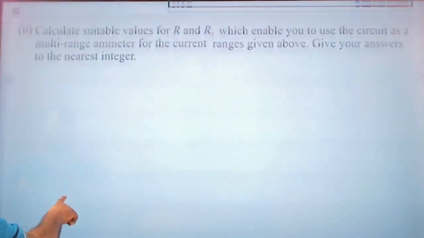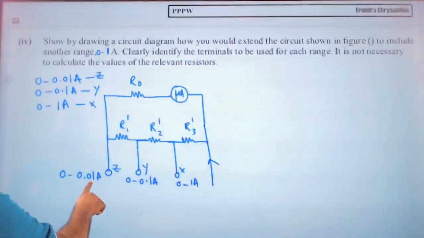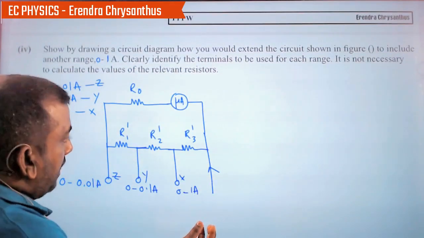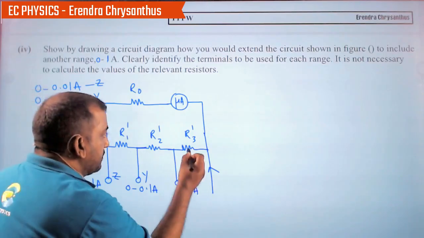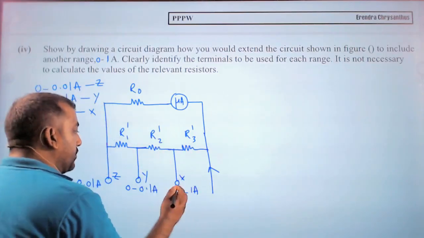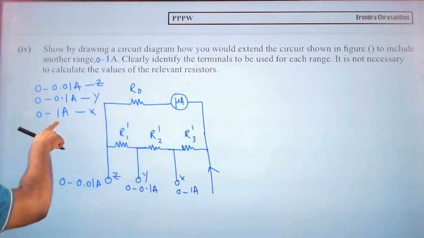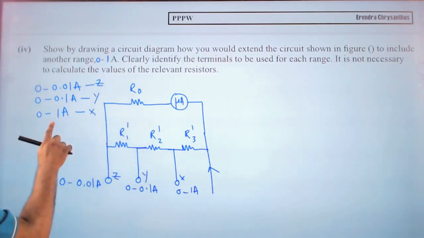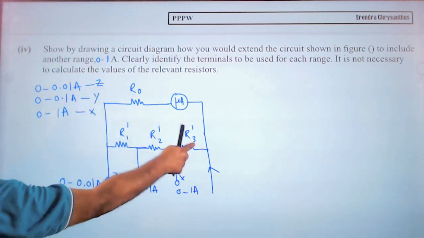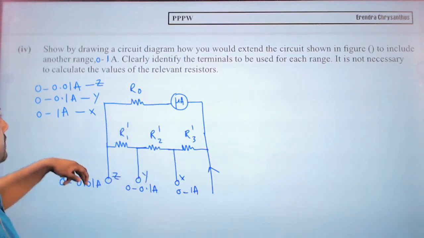Now they are telling you, right, we've done this, we want another current. Current increases, resistance becomes even smaller. The smaller resistance here is a new resistor, of course. So here X will give you 0 to 1 amp. Larger current, smaller resistance. Remember like that. Larger current range, smaller resistance. Smaller current means larger resistance. So there you go, that is how the multi-ammeter works.